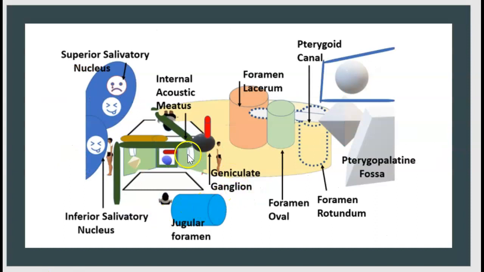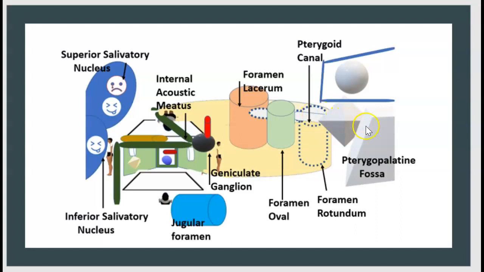There are some landmarks that are necessary to understand the greater petrosal nerve. The first one is the superior salivatory nucleus, then the internal acoustic meatus, the geniculate ganglion, the foramen lacerum, and the pterygopalatine fossa. Between the foramen lacerum and the pterygopalatine fossa, there is a canal called the pterygoid canal.